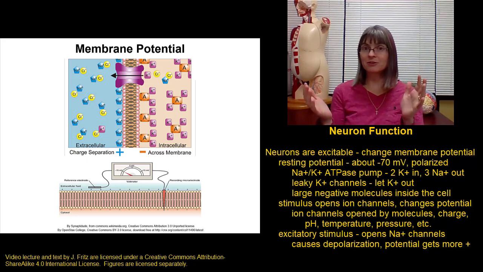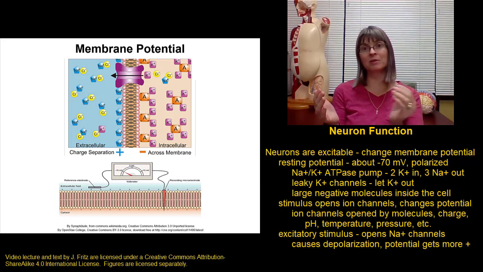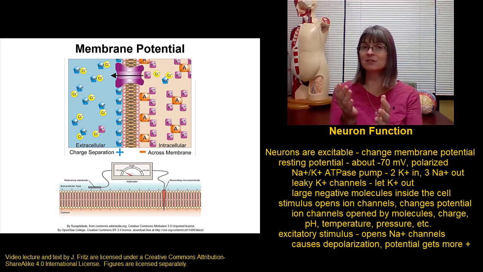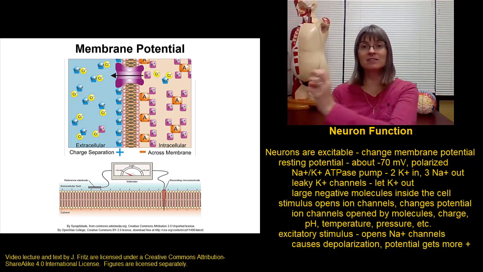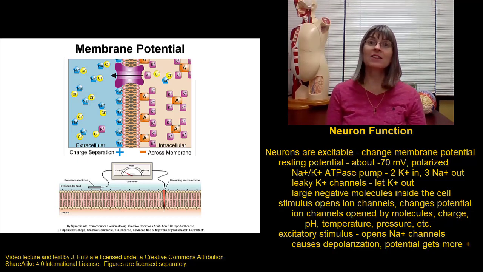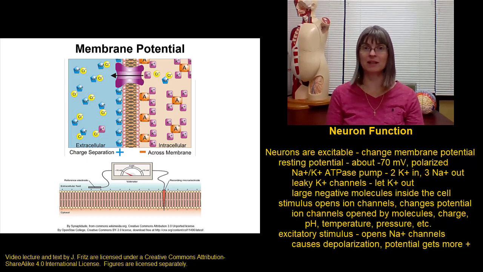Since we did have a big difference between the inside and the outside, when we bring the positives inside, we have less of a difference as the inside becomes more positive. That's depolarization. Depolarization makes the neuron more likely to activate a signal going to the next cell. That's why we call it an excitatory potential. It's exciting the neuron to send the signal to the next cell.